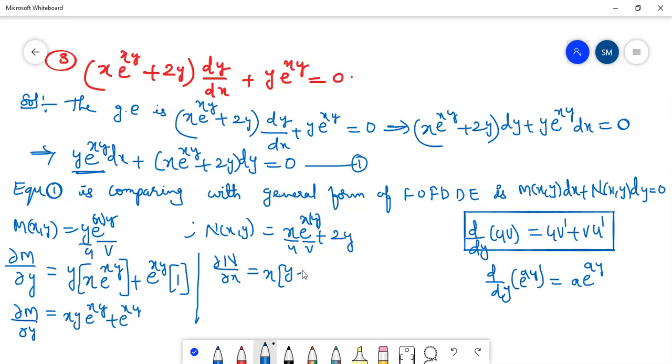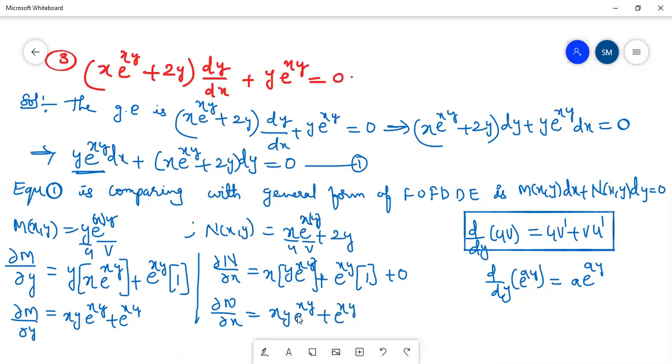So y e power xy plus e power xy into x derivative with respect to x is 1. 2y derivative is 0. So here dou n by dou x equal to xy e power xy plus e power xy. Observing these two derivatives, both are equal.